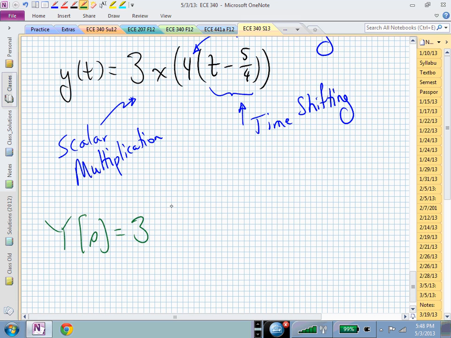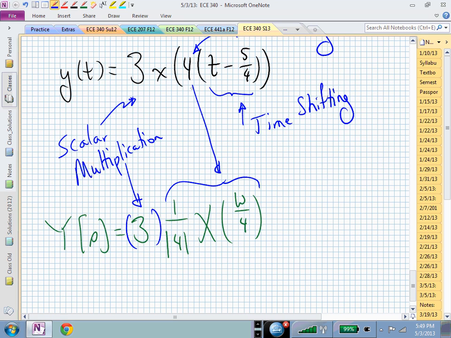In particular, we divide by the absolute value of the scaling of the time, and in terms of the frequency content, we divide omega, the frequency, by 4. This little piece right here is due to the scalar multiplication. This piece is due to the time scaling. And then what happens when we shift in time?